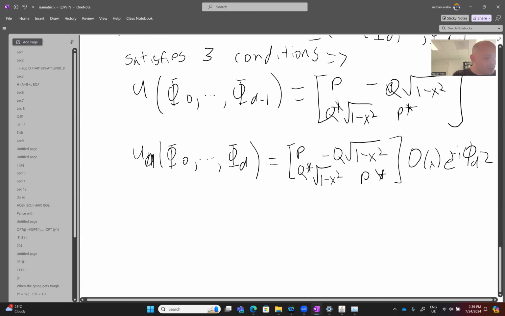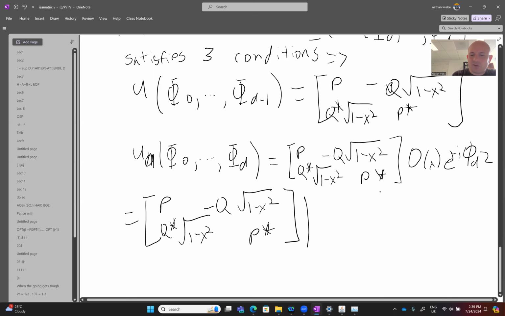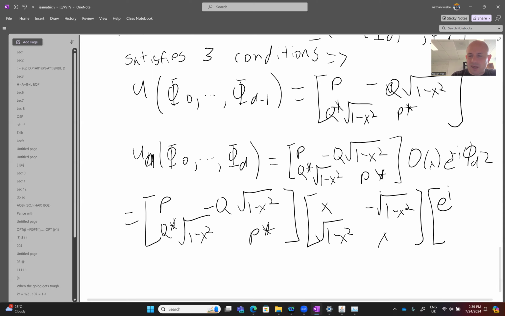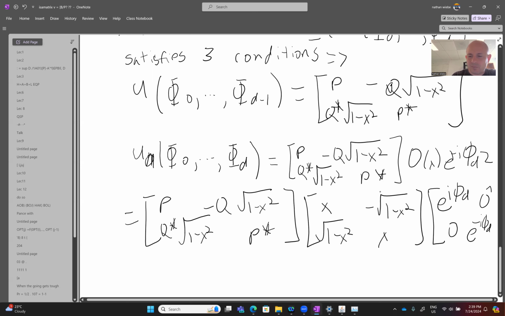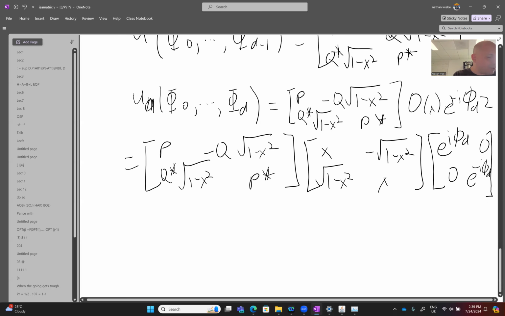Now, if this is true, then this is just going to be equal to the above expression, which is p, negative q square root 1 minus x squared, q conjugate square root 1 minus x squared, p conjugate, times x, negative square root 1 minus x squared, square root 1 minus x squared, x, times e to the i phi d, 0, 0, e to the minus i phi d. Okay, now this is just an elementary matrix multiplication that we can do.